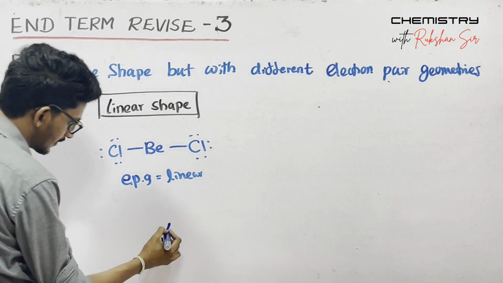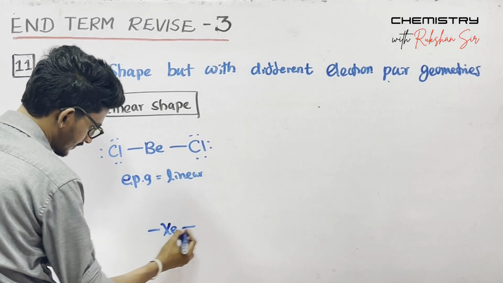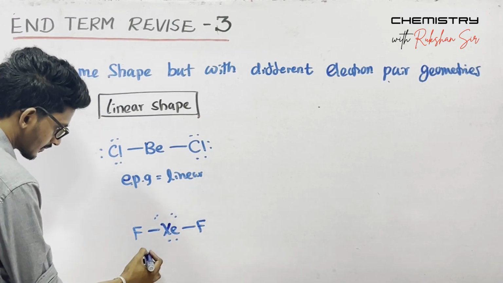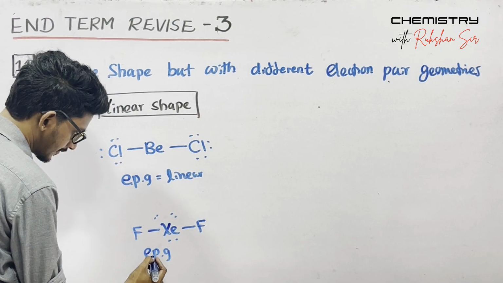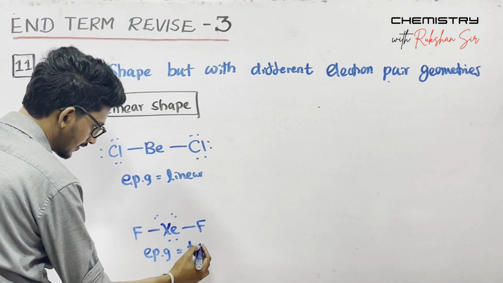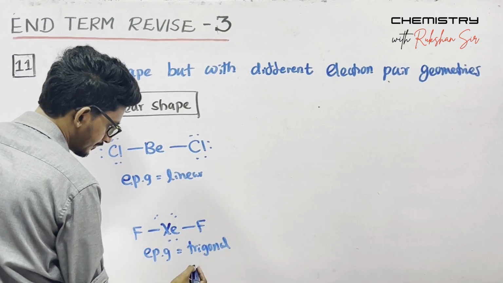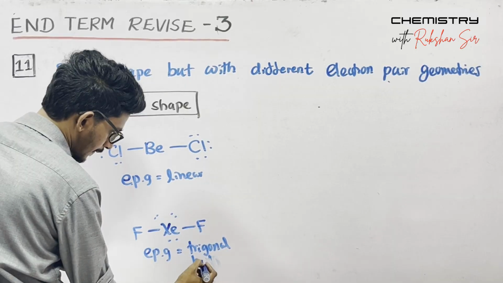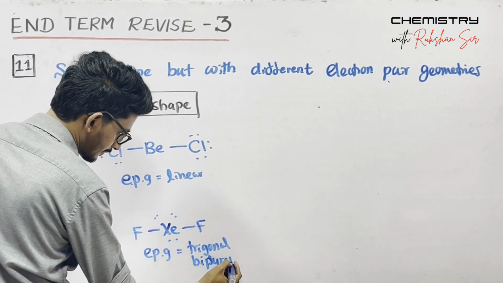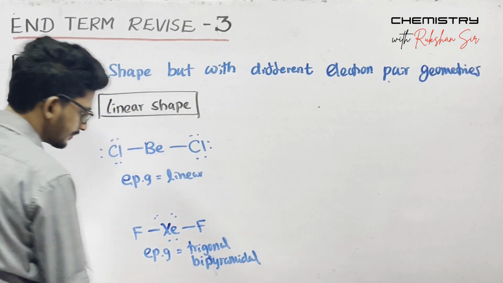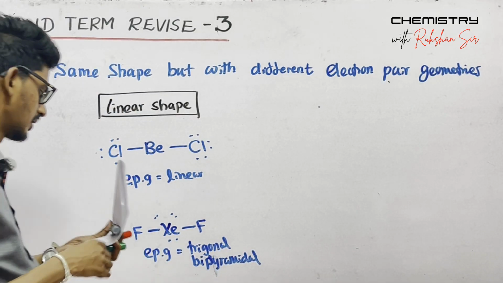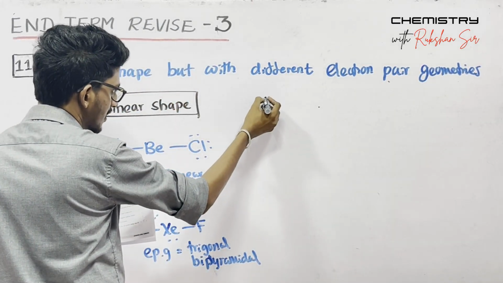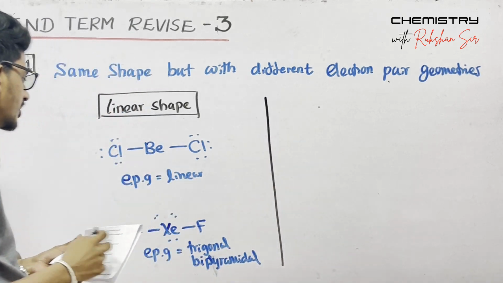See XeF2, the electron pair geometry is trigonal bipyramid. So we have such shapes, the same shape but coming from different electron pair geometries.